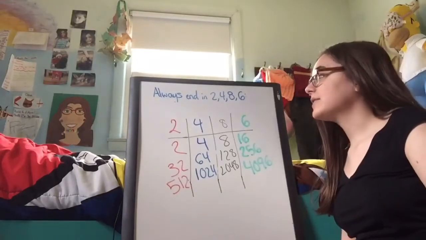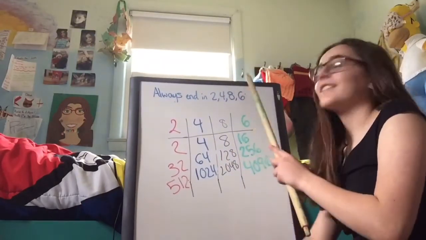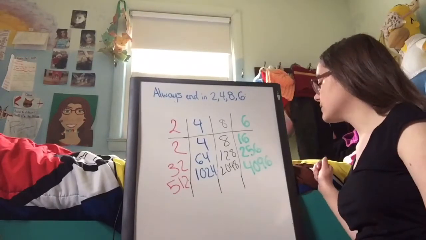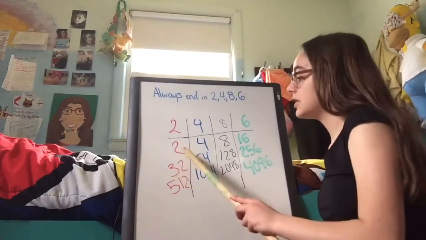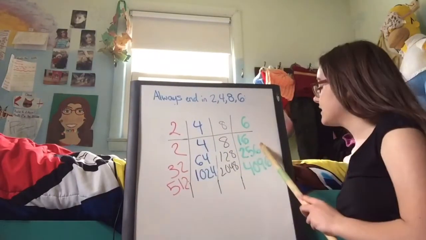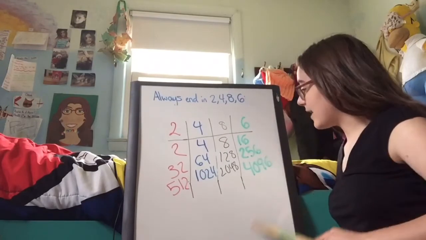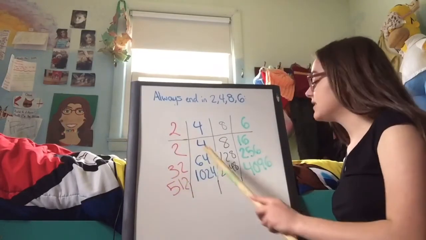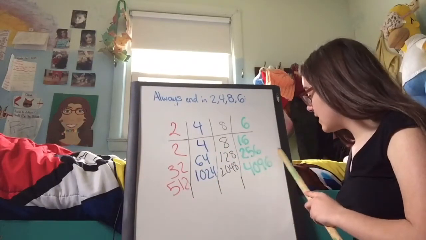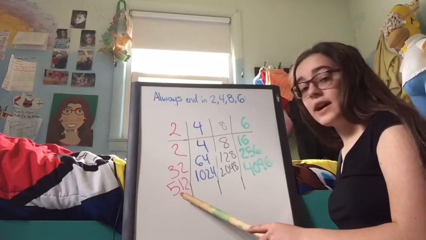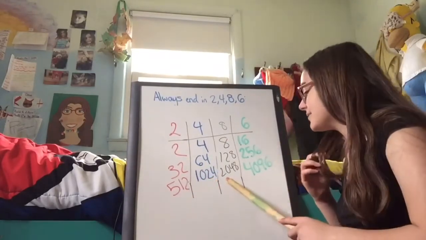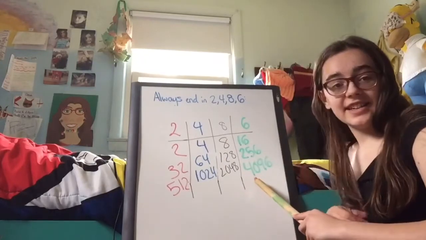Here is why the powers of 2 always end in 2, 4, 8, or 6. If we follow the sequence of the powers of 2, we get 2, 4, 8, 16, then we go back around to get 32, 64, 128, 256, then back around to get 512, 1024, 2048, and then 4096.